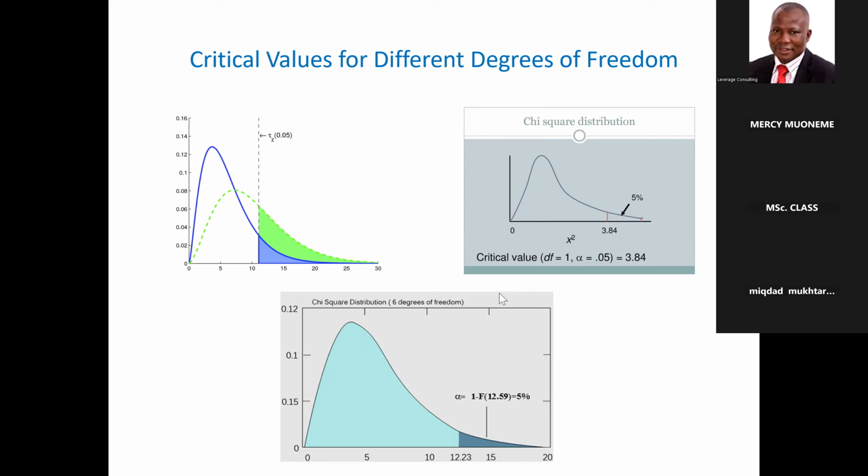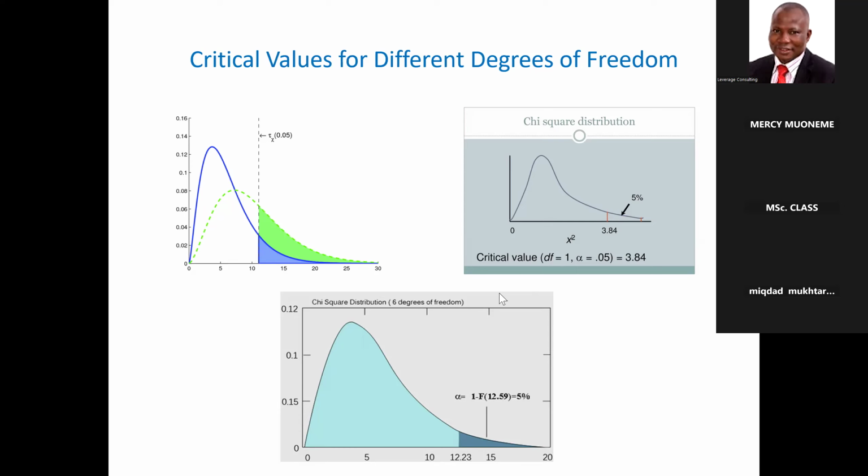That level where the area is 95%, it now remains 5% on the other side. That value of chi-square at which the area on the left is 95%, while the remaining 5% is on the right, is not the same for all the degrees of freedom.